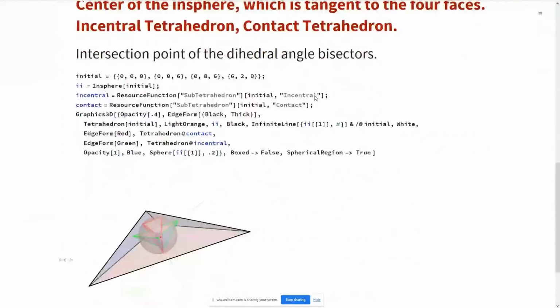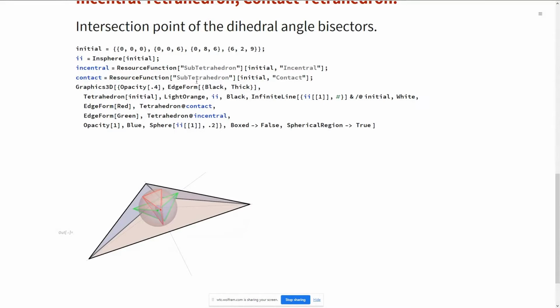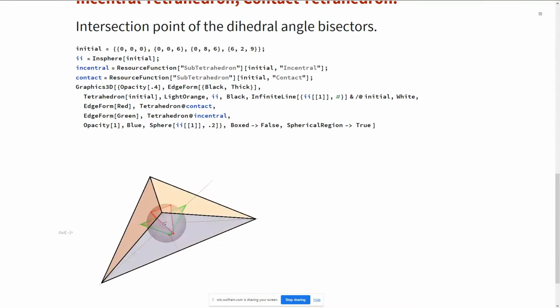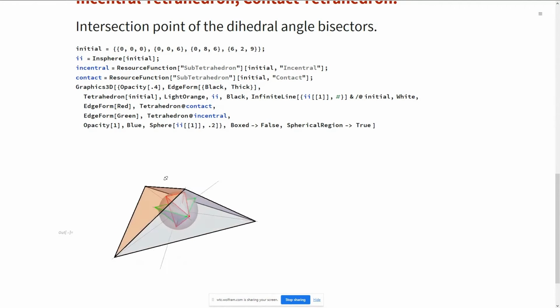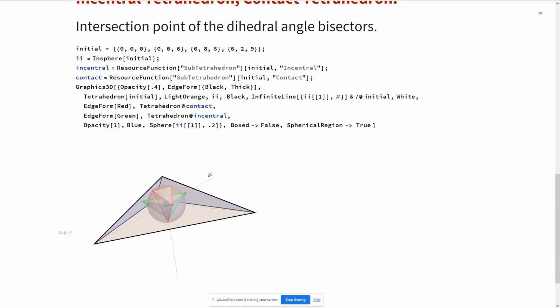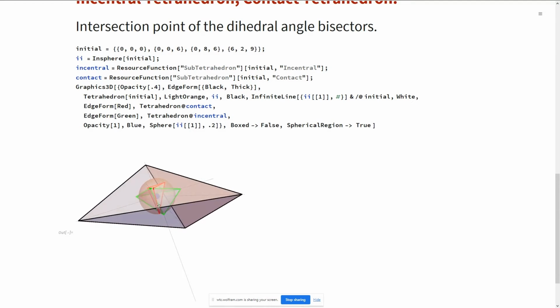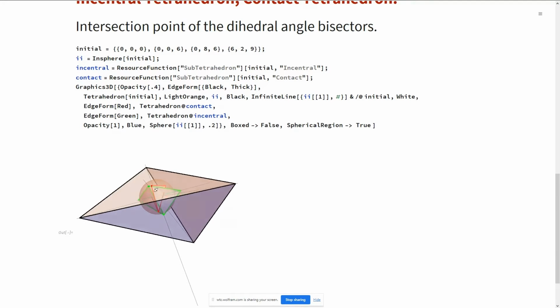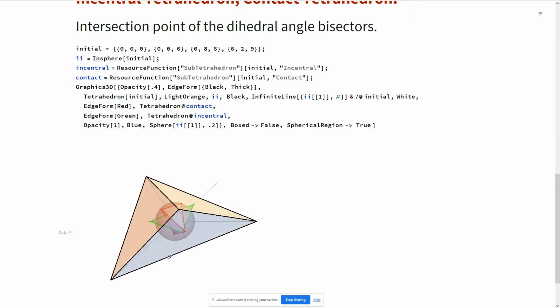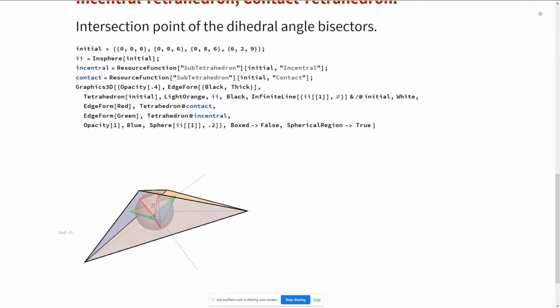We use pretty much the same functions for doing the same with a tetrahedron. Each one of these gray lines here is the intersection of three edge-bisecting dihedral planes. Where three intersect, you get one of these gray lines.